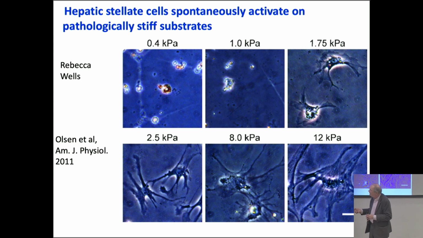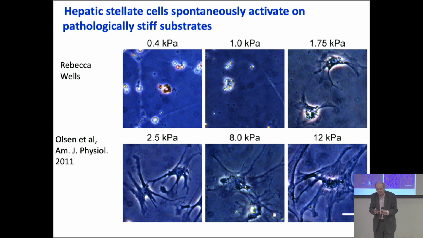And if you grow them on a material that is just as soft as a normal liver, they maintain this kind of normal phenotype. They look a little bit brown because one of their jobs is to store fat-soluble vitamins. But if you put the cells on increasingly stiff materials, genetically it's the same cell, the chemical environment is identical.